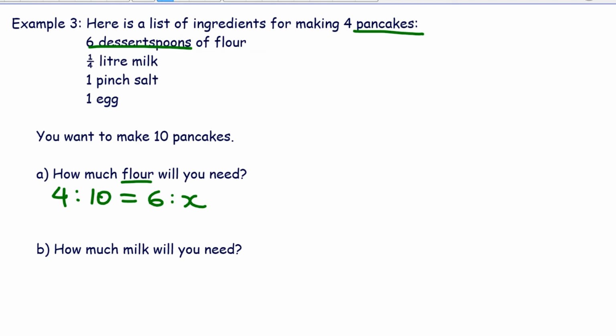Remember, you can write proportions as fractions, or as ratios. So x over 6 will be equal to 10 over 4. The opposite of dividing by 6 is multiplying, so x will be 10 over 4 multiplied by 6, which will be equal to 15.